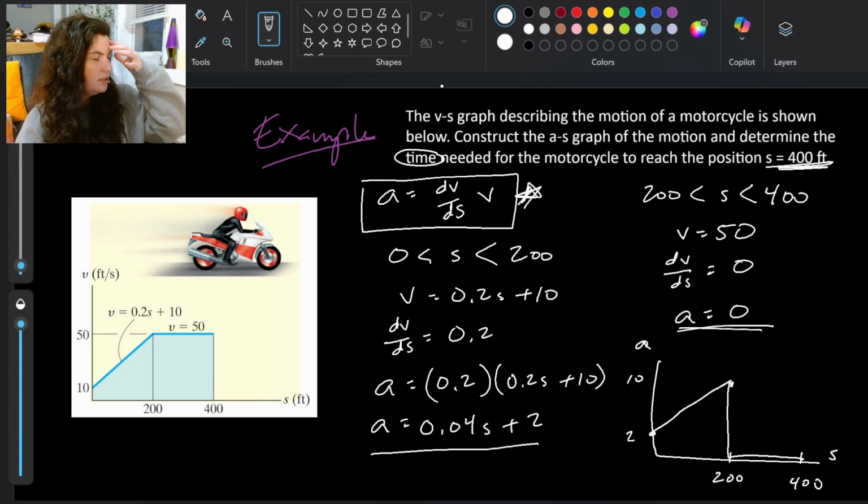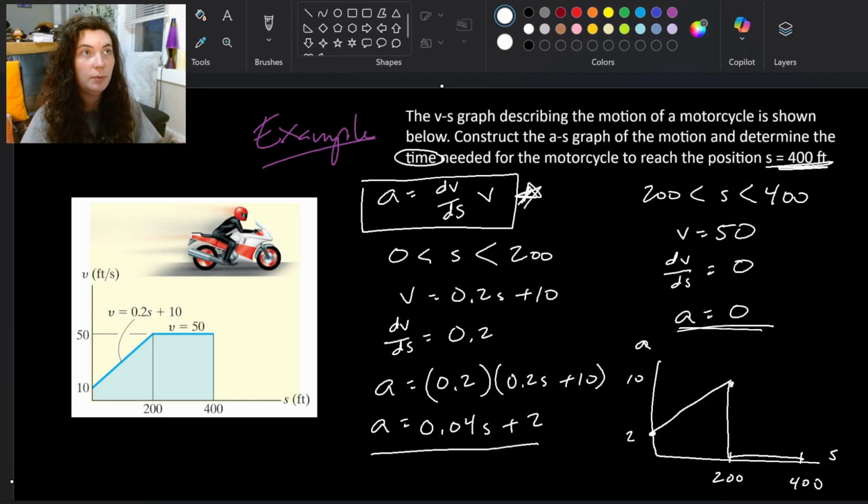So we're given these velocity functions. We want to find a time, and we're given the position. With all of those ingredients, if we can think of an equation to relate position, velocity, and time, then we can get somewhere. And thankfully, we have one.